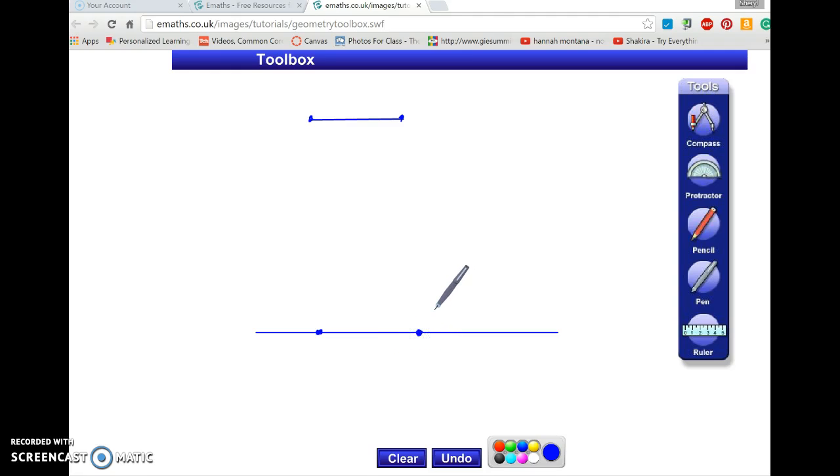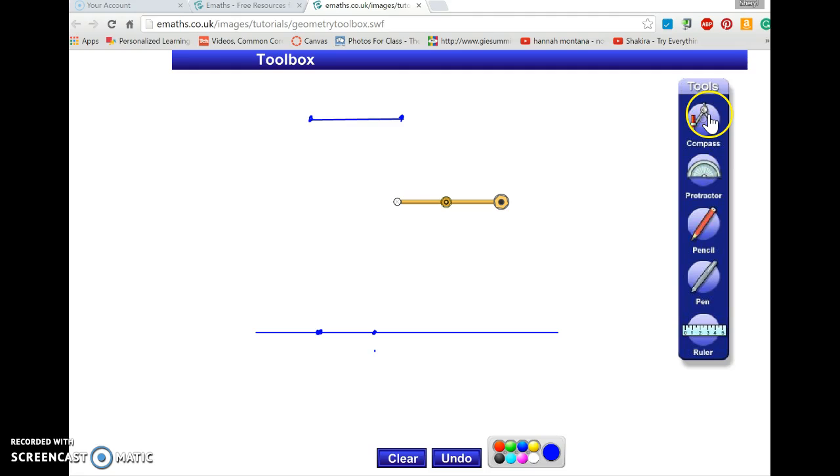Now I think that's longer than that one. Why don't I make it really skinny? Let's make it definitely smaller. Okay, so here's going to be the base of my triangle, and I want this length to be the other two sides.